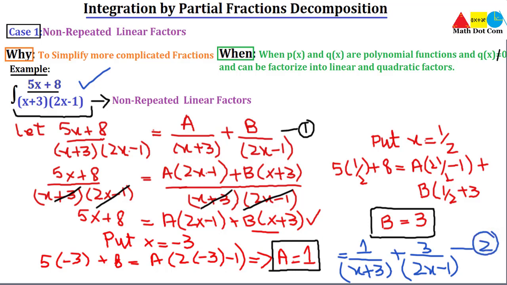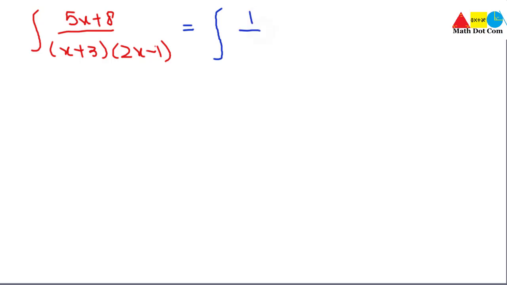So we have to take the integration of this equation. So let's find its integration. It will be the integration of 5x plus 8 divided by x plus 3 into 2x minus 1, which was equated by means of partial fraction decomposition to the integration of 1 divided by x plus 3, plus 3 divided by 2x minus 1, dx.